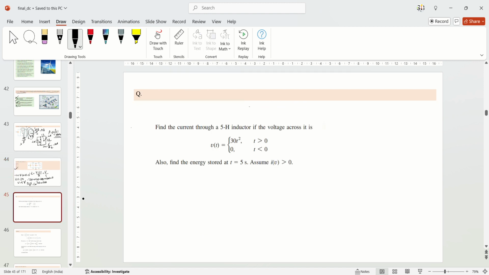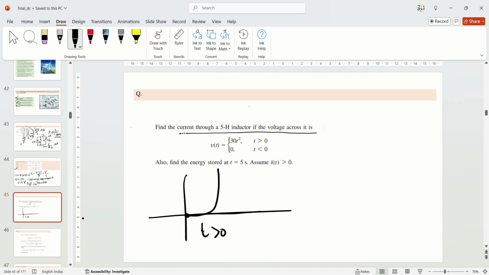So for the next question, if you can see the current which is flowing through the 5 Henry inductor, the energy absorbed for t equal to 5. For t greater than 0, it will be 30 t square, and it's 0 for t less than 0. So for the energy absorbed at t equal to 5 seconds, you have to find out something.